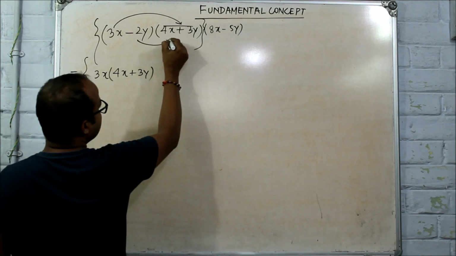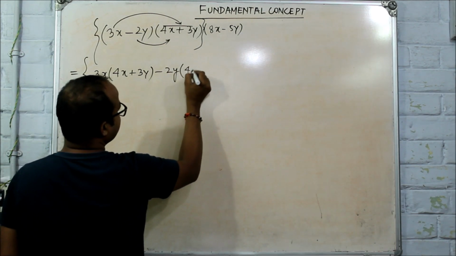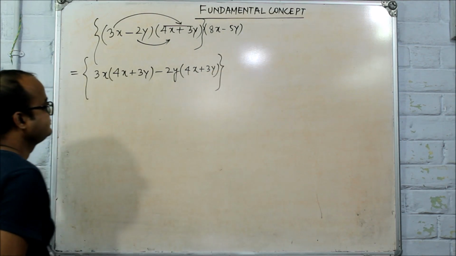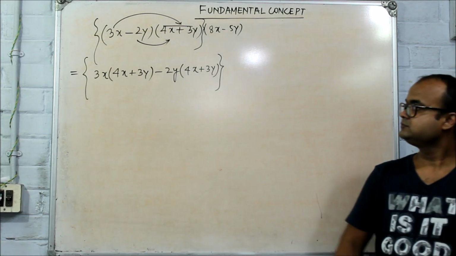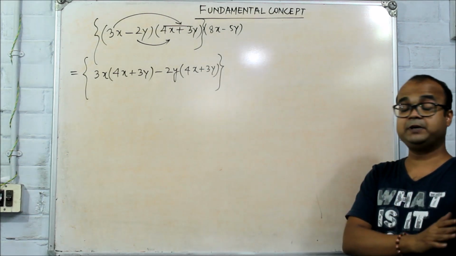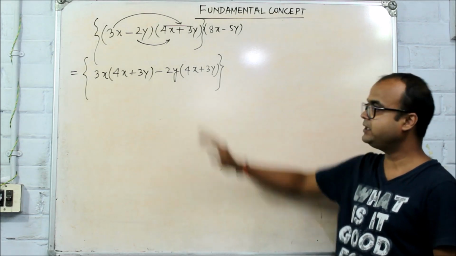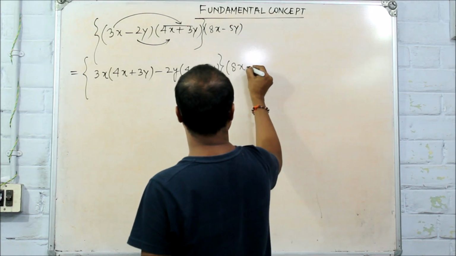Then minus 2y multiplied with 4x plus 3y. Clear? We learned how you multiply a binomial by another binomial. Column method we apply here. And we write this term here, 8x minus 5y.